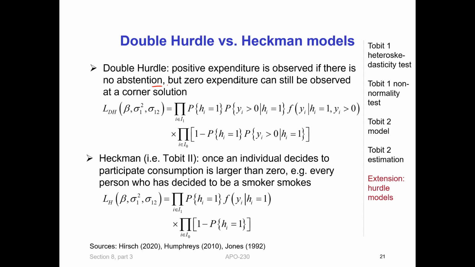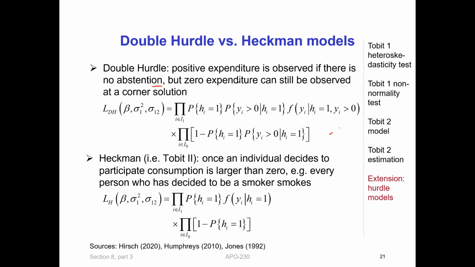So in summary, for the double hurdle model, we assume that the positive expenditure is observed if there is no abstention. But once the decision to consume is made, there can still be a zero observation due to the corner solution. And this is transformed into a likelihood function with this form.